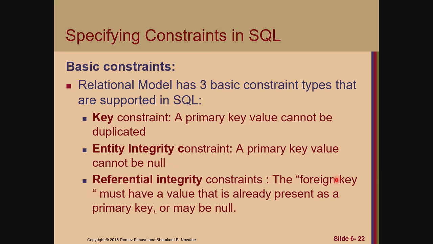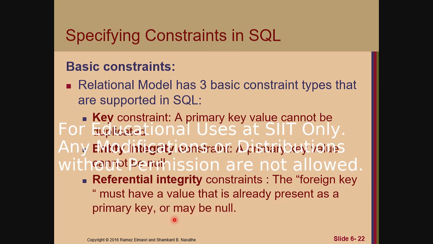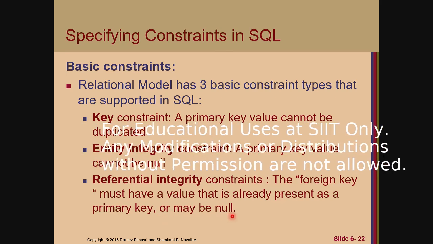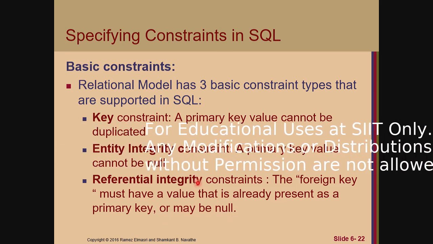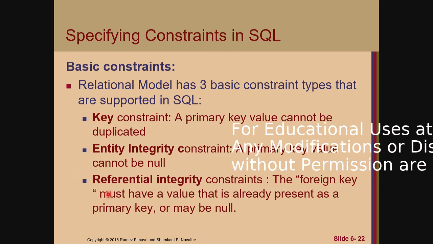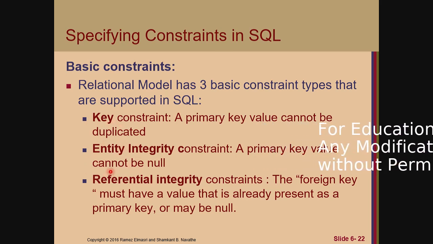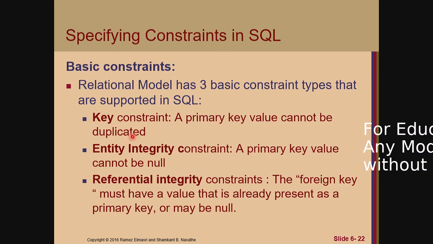The foreign key must have a value that is already present as a primary key or may be null. Here are the 3 basic constraints. Okay, key cannot be null, key cannot be duplicate, and reference between foreign key and primary key, right?